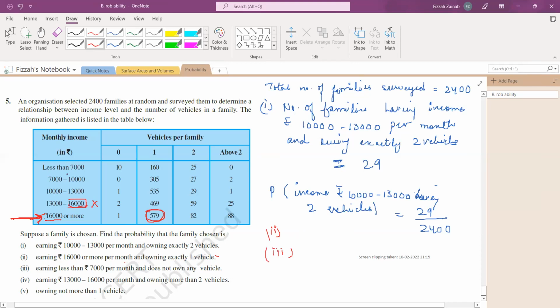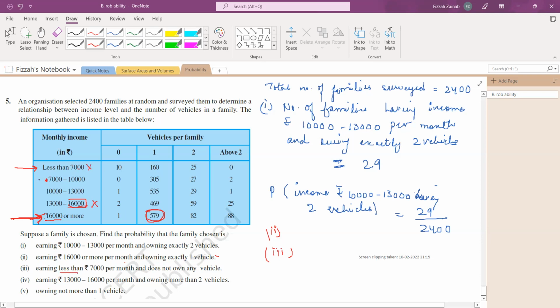Earning less than 7,000 per month. Okay, less than 7,000. So the 7,000 will be included here. So less than 7,000 means you have to see only this row. Is this point clear? Miraj, see, he is saying less than 7,000. So in the case of statistics, we will not include the 7,000 here.